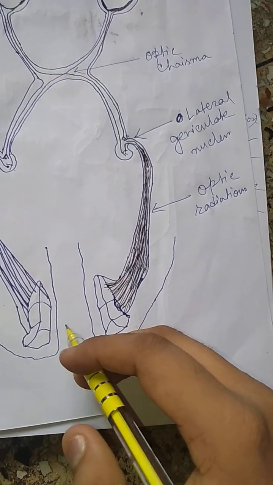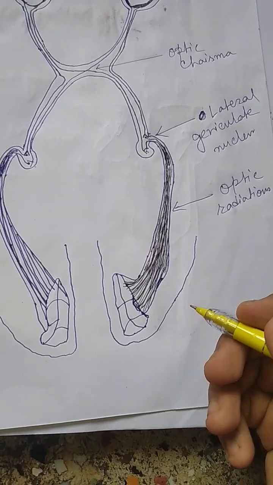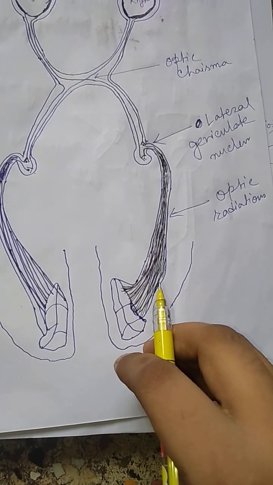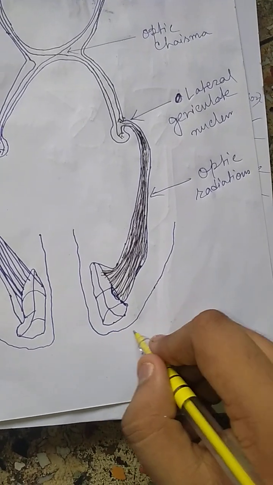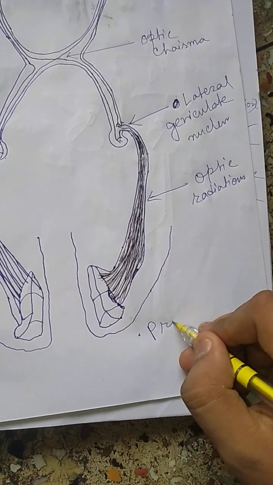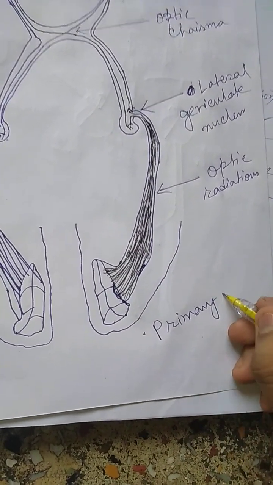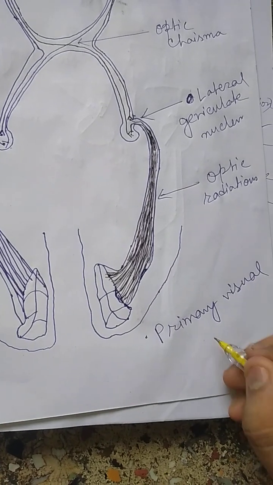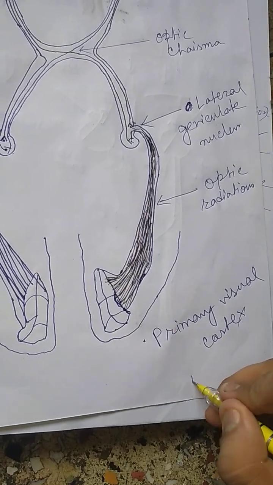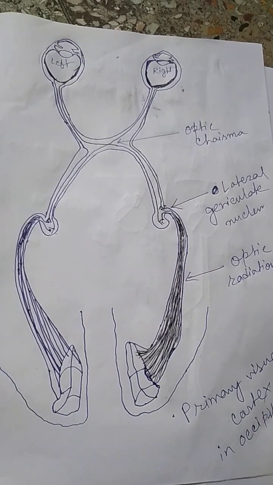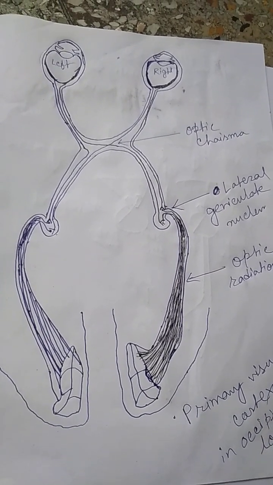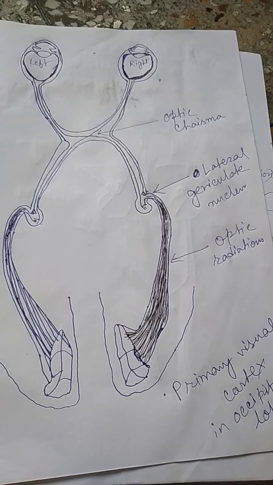In which part of the occipital lobe? The main visual center, the primary visual cortex. That goes to the primary visual cortex in the occipital lobe. Okay, thank you.